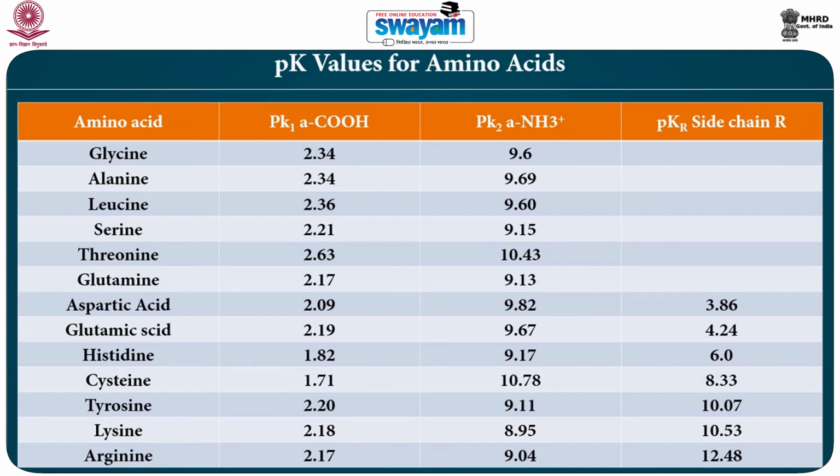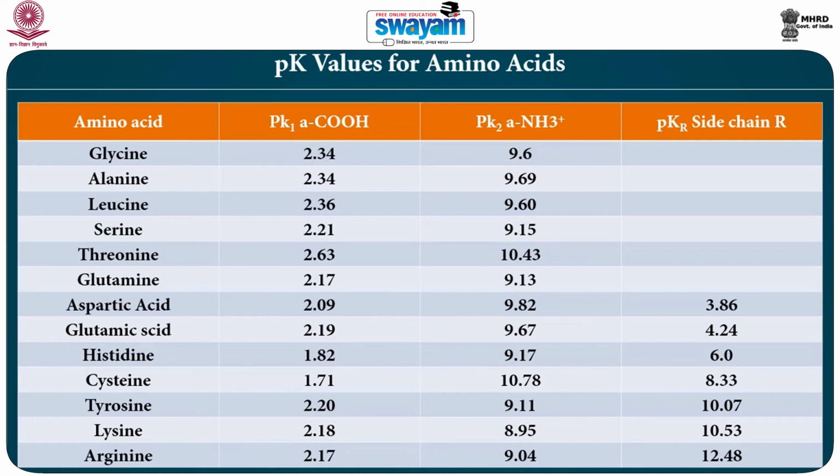For glycine, it doesn't have a side chain, it doesn't have a pKr value. Alanine, no pKr value. Leucine, no pKr value. Serine, no pKr value. Threonine, no pKr value.